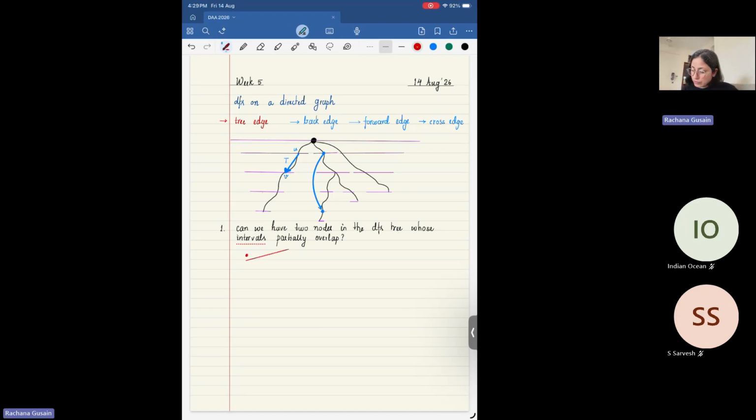Let's say that's the interval corresponding to a node U. And then there is another node V, and its interval starts somewhere in the middle of this interval and then finishes later on. Can we have such a situation?